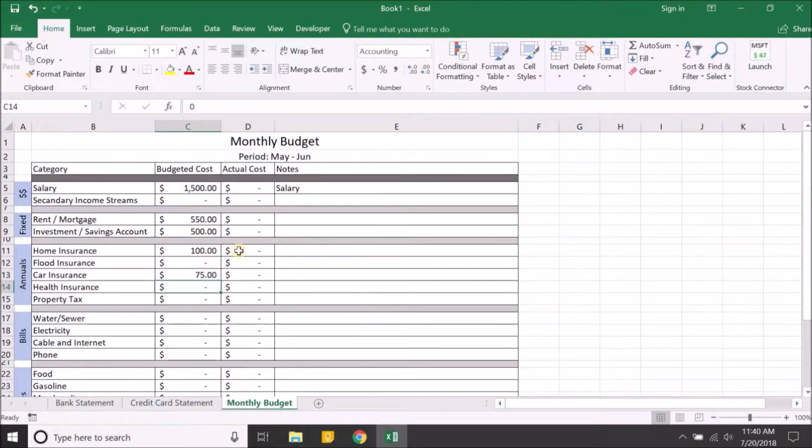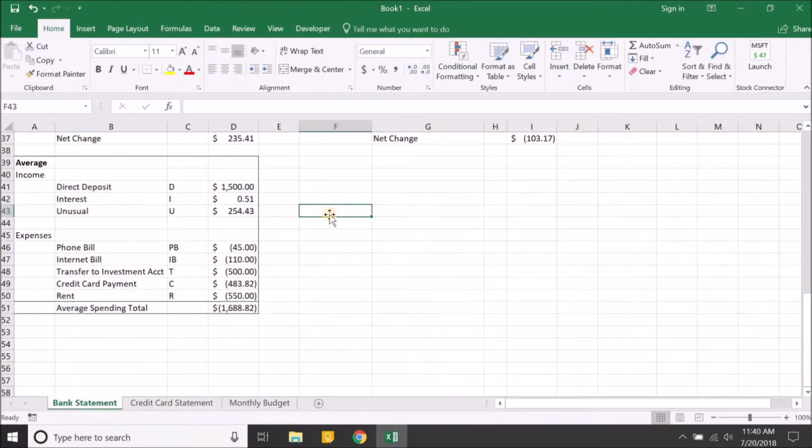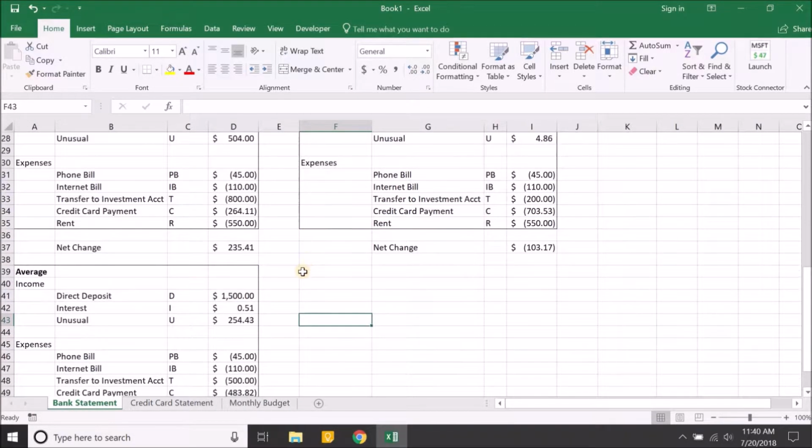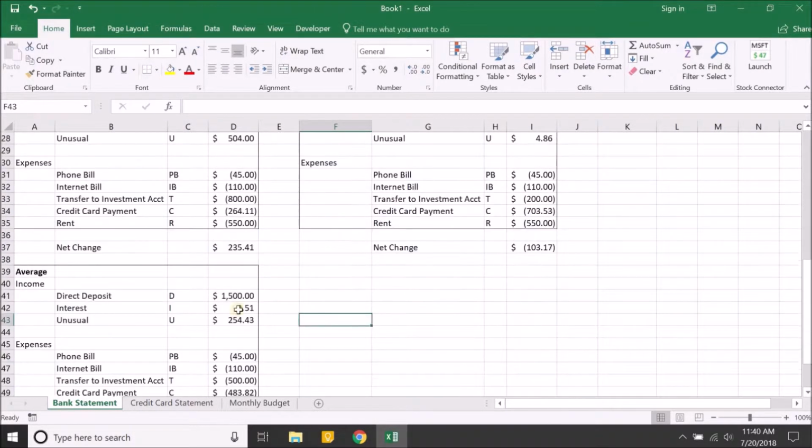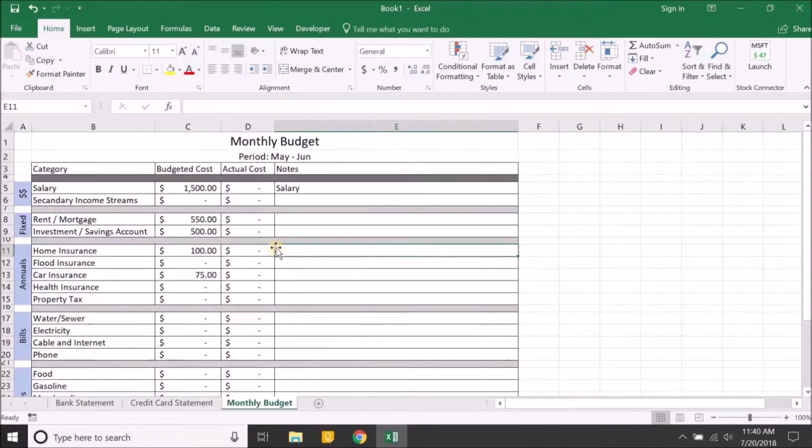So what you're going to do is see how much you're typically spending on your homeowner's insurance in total. For example, let's say you pay your homeowner's insurance in July of every year and you pay 1,200. Obviously we don't have July here, so we're not going to see that transaction. But we want to account for it to make sure we have enough money saved up to make this payment when it does come.